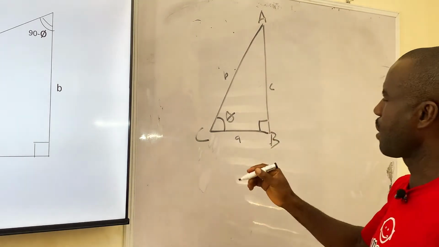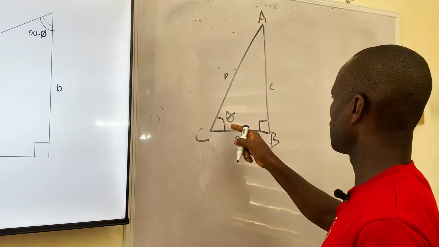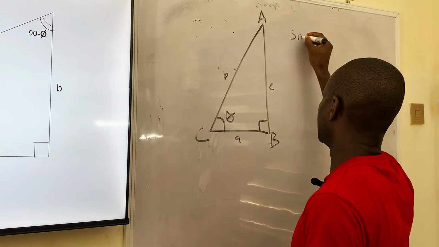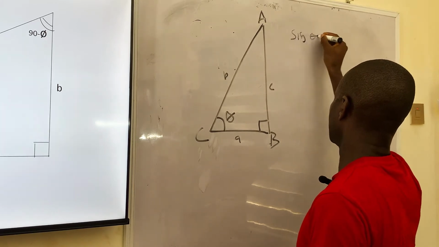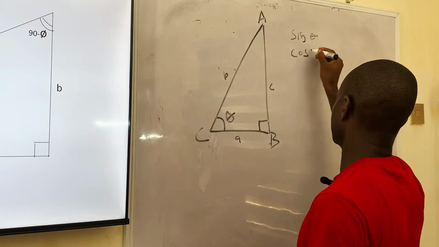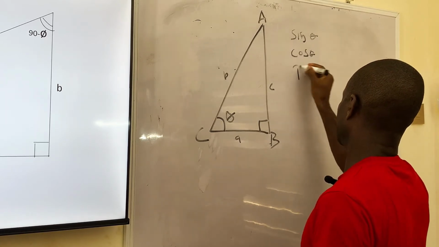From here, one can begin to define this angle using what we call sine theta, cos theta, and tan theta.